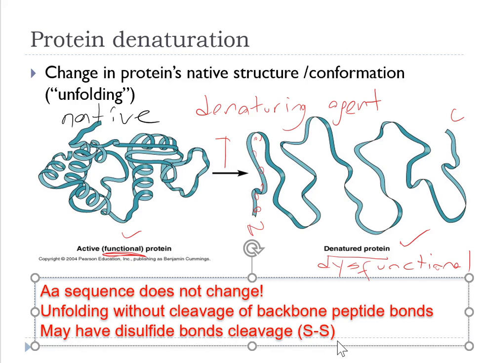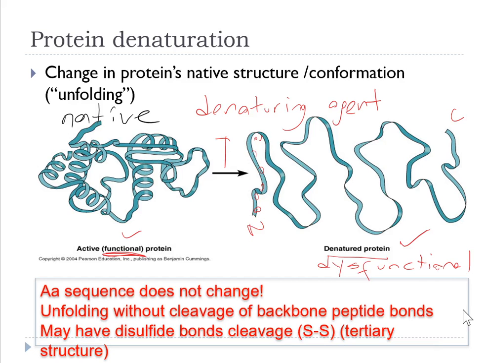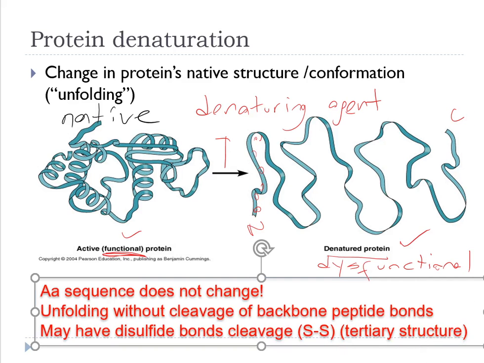So tertiary structure denaturation involves the disruption of disulfide bonds. Okay, if we are talking about tertiary structure, it's possible. Okay, let's continue.